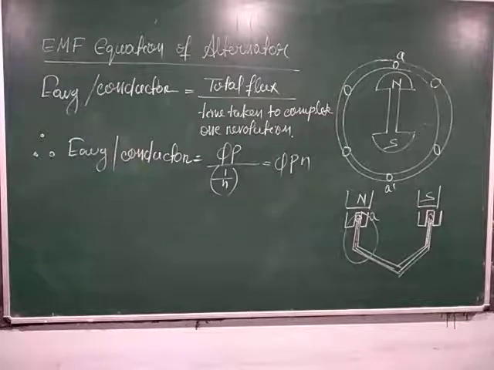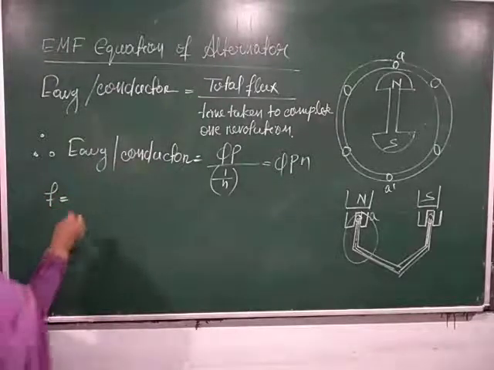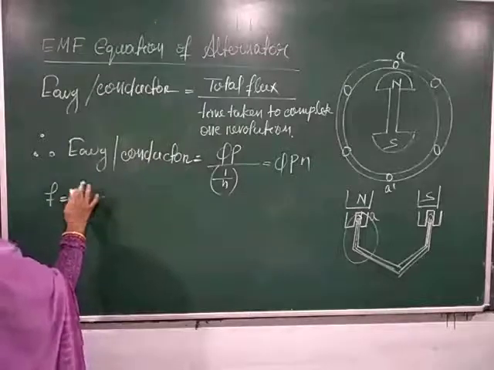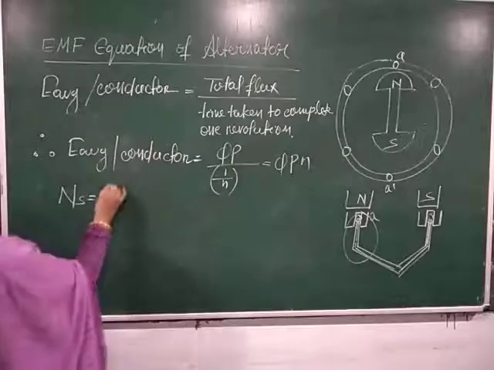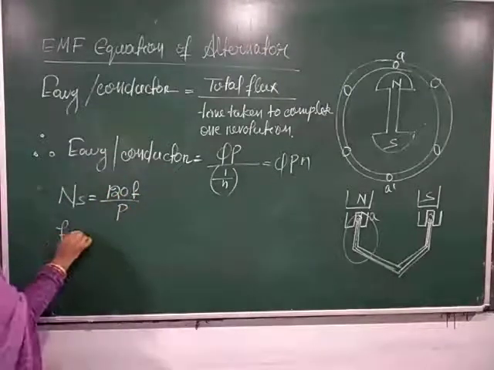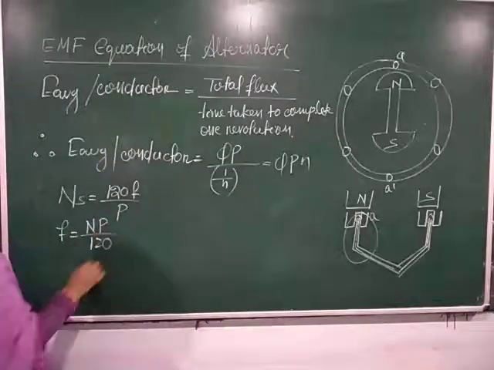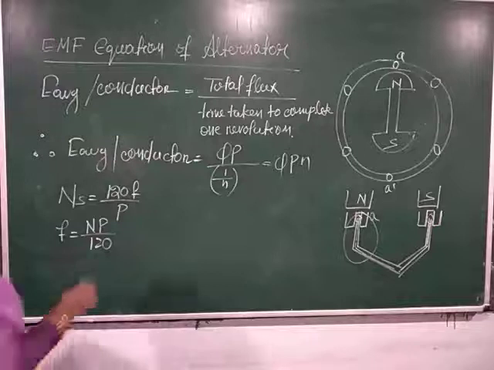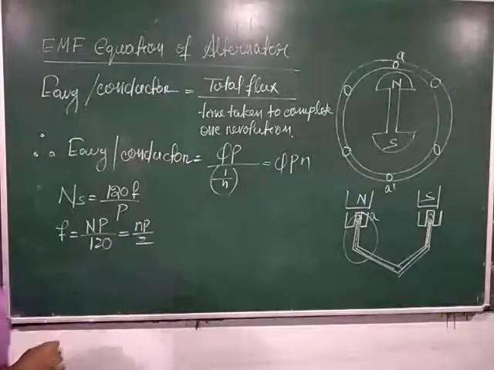You know that synchronous speed is 120 F by P, so F is NP by 120 in terms of RPM, or nP by 2 in terms of RPS.